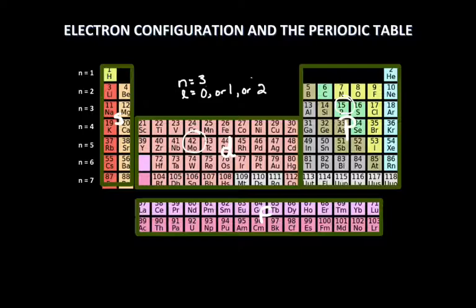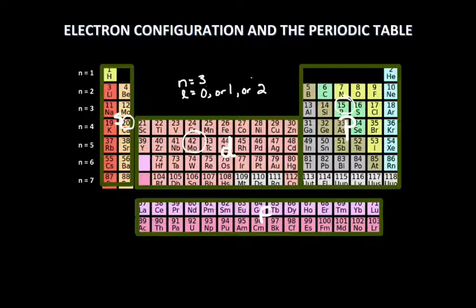Now, the periodic table can also help with the filling order of some of those orbitals. So let's get to the s and d order. When we get to calcium, atomic number 20, it's going to be 4s2. The next element on the periodic table is going to come from a d orbital, right?